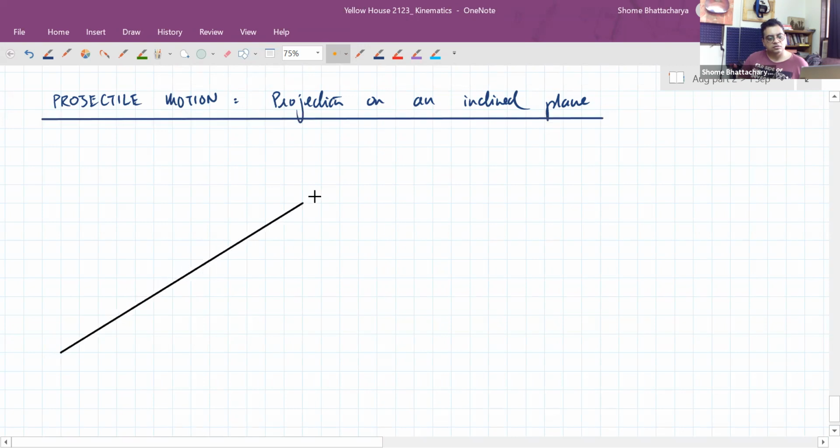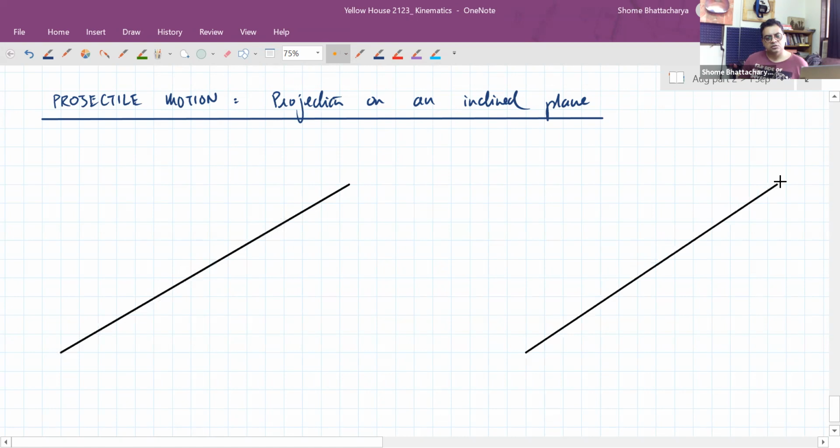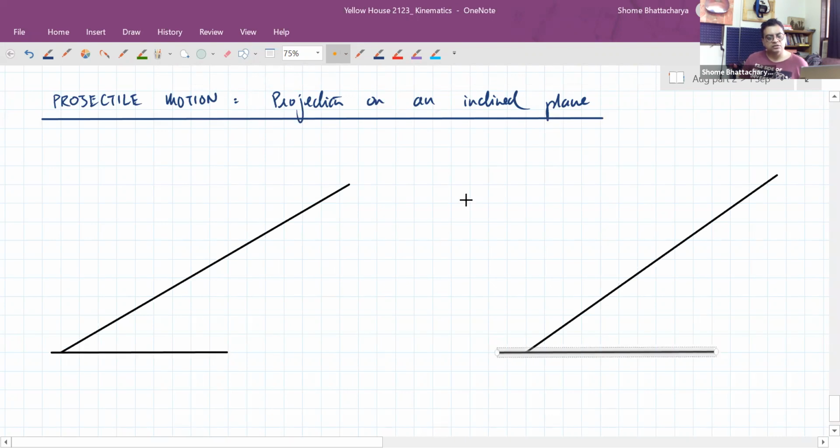Now again, there are two cases possible here, so we'll discuss both of them. Either we can throw it from somewhere at a lower position on an inclined plane so that it's going and hitting an upper position.